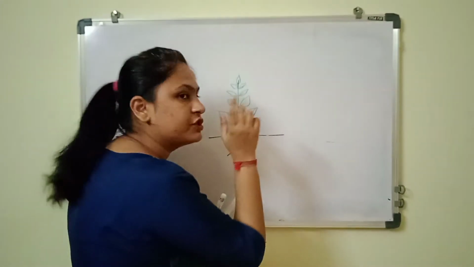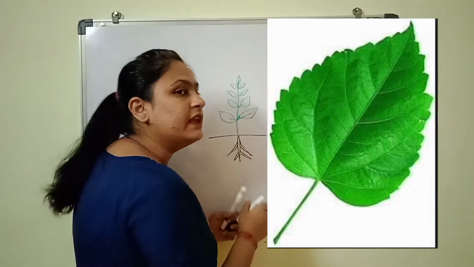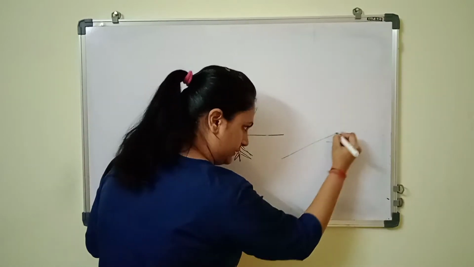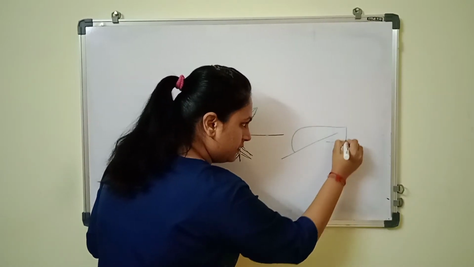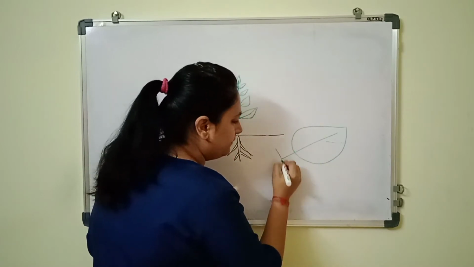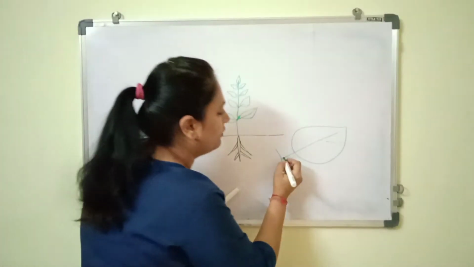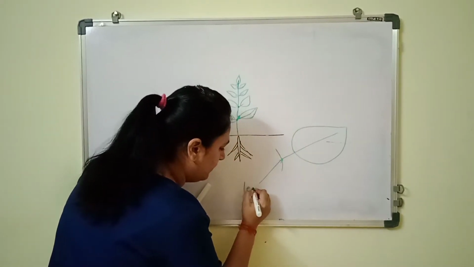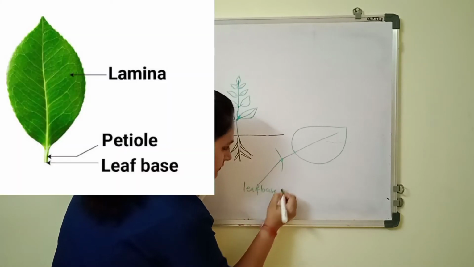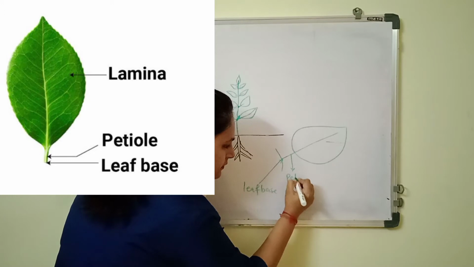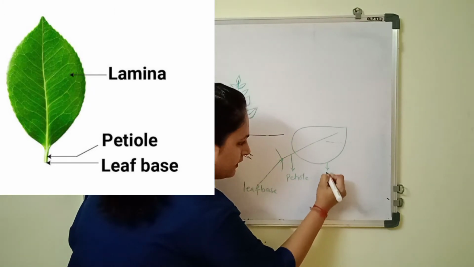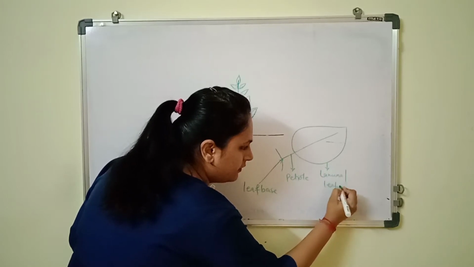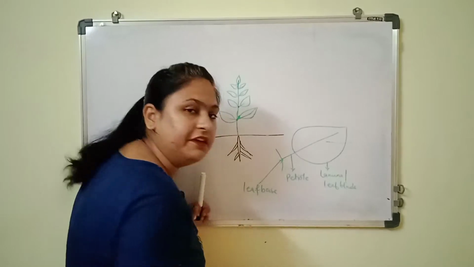Now we will see the structure of a single leaf. What does a single leaf consist of? A single leaf consists of a leaf base, petiole and lamina or leaf blade, also called the leaf blade.